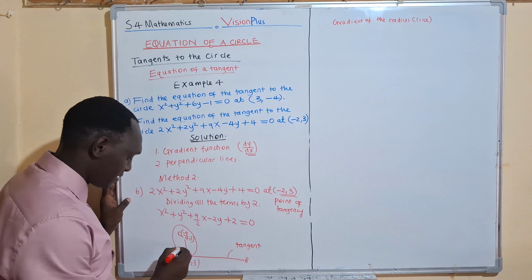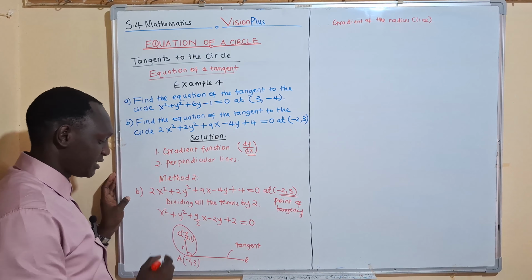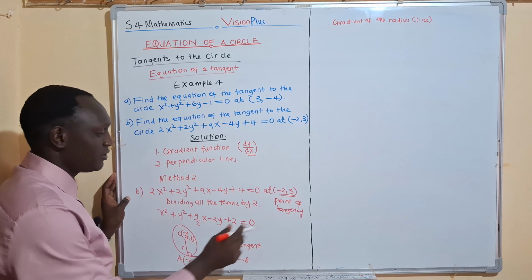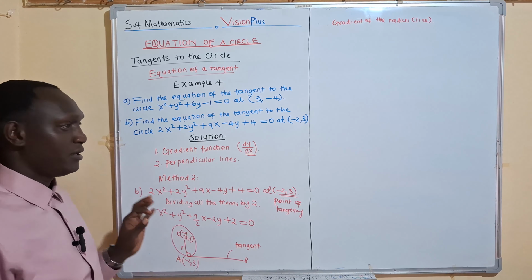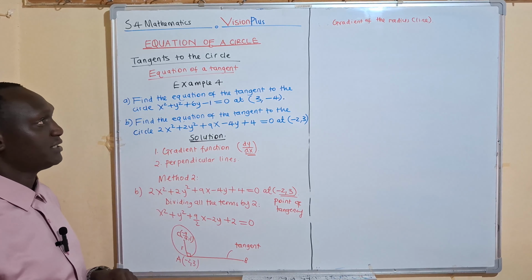This is the radius R. It has 2 points at its endpoints: 1 point is the center and 1 point on the circumference, which is the point of tangency. We can use these 2 points to find the gradient of the radius.